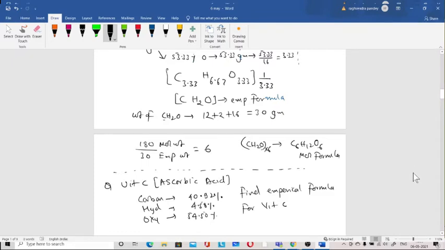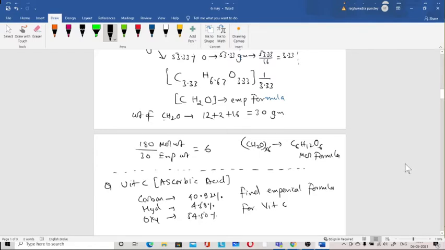Yes, but first I would like to ask: if it's 1.3 or 1.4, do we take it as 1 or do we multiply to a whole number? See, if it is 1.33, then you have to choose a number which, when multiplied by 1.33, gives a whole number like 1, 2, 3, 4, 5.